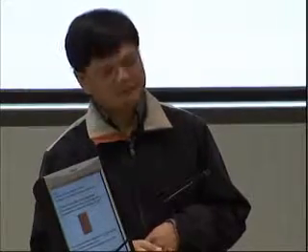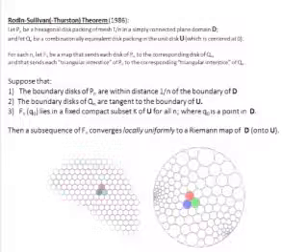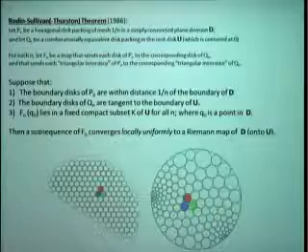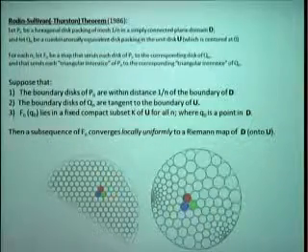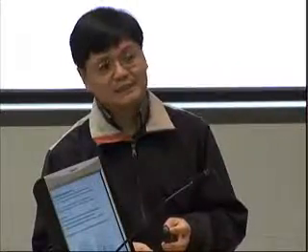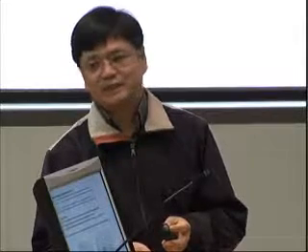So the argument goes: if you have a disk packing, as in the picture here, you can take a limit. The limit packing, as n goes to infinity, must be a regular hexagonal packing. So all circles in the limit should have the same radii. As a consequence, the limit mapping must be conformal.